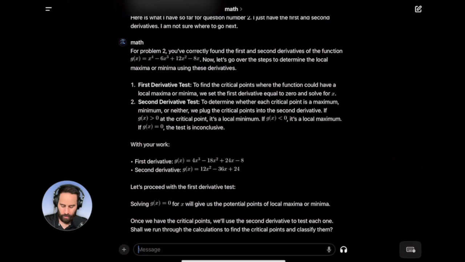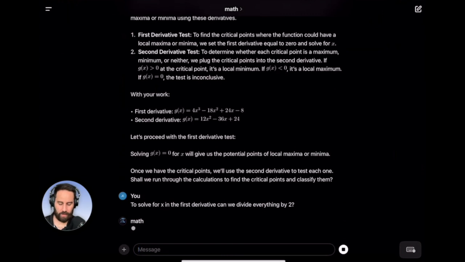To solve for x in the first derivative, can we divide everything by 2?